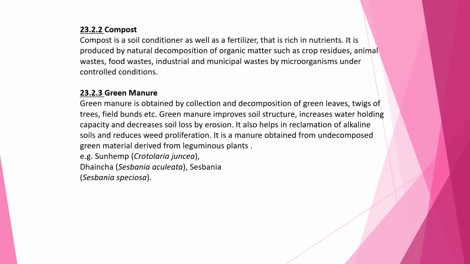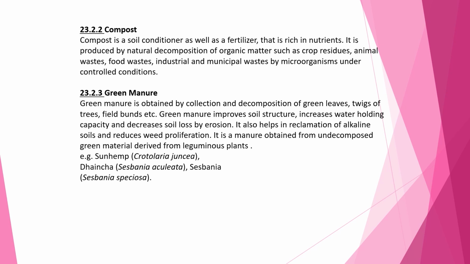Okay, so that can be forming the compost, organic matter. I hope you can hear also. I think it is feeble. So compost is a soil conditioner as well as fertilizer that is rich in nutrients. It is produced by natural decomposition of organic matter such as crop residue, animal waste, food waste, industrial and municipal waste by microorganisms.